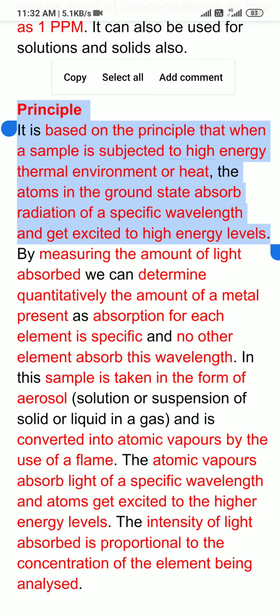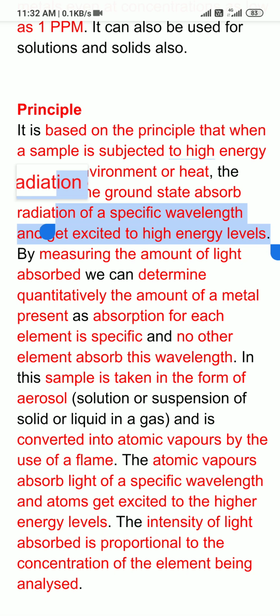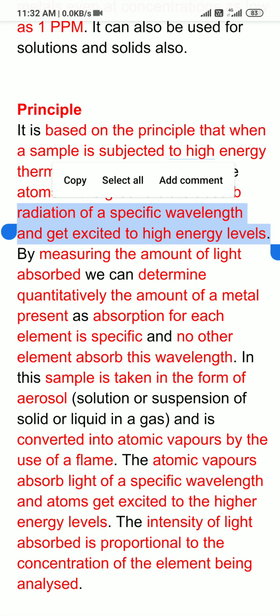But now there is one thing, that one element absorbs one wavelength. So we can say that one element absorbs at a specific wavelength and another absorbs at another wavelength. So this is the main point here. As one element absorbs at one wavelength and another at another wavelength, we can determine quantitatively the amount of a metal present in a sample.